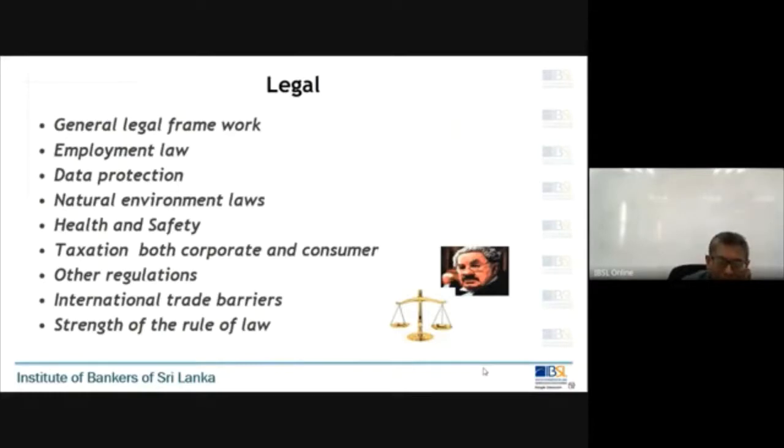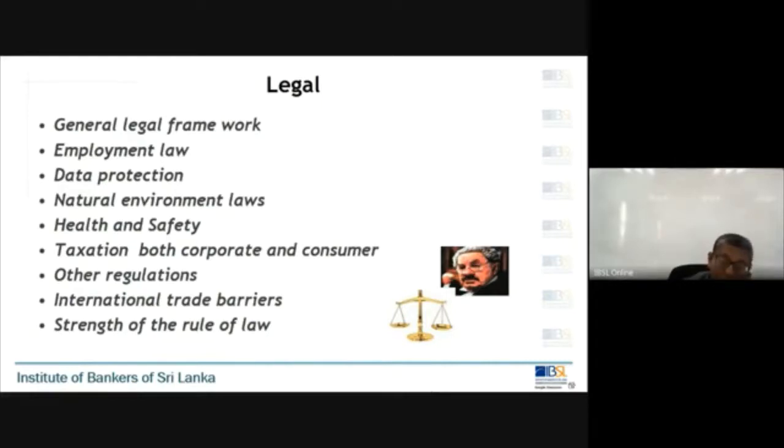Then, as I discussed with you, the legal factor. So the employment law, the data protection law, and now we are in the exchange process, I mean e-business, so acceptance of electronic signatures, electronic transactions, we have an act, right? So what are the other things we need to incorporate?